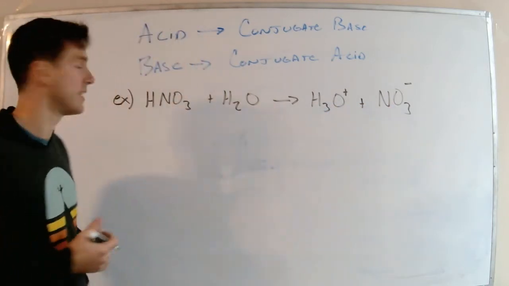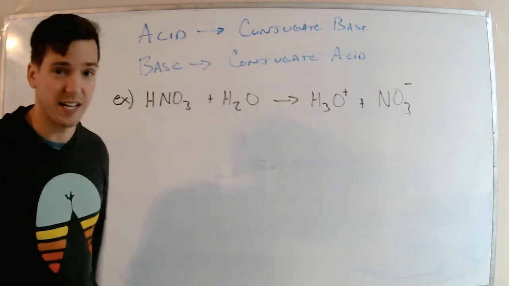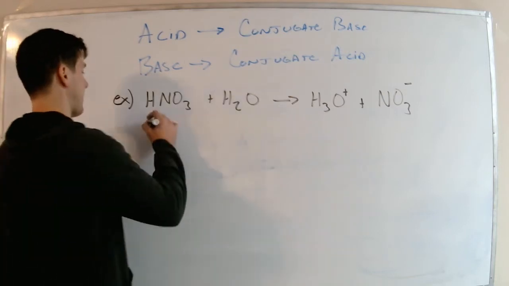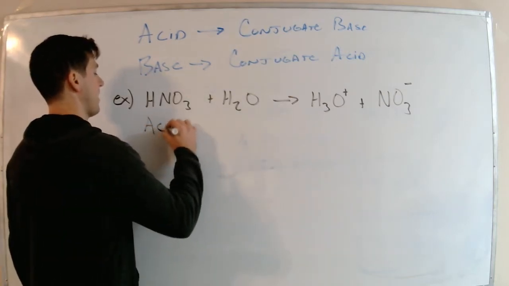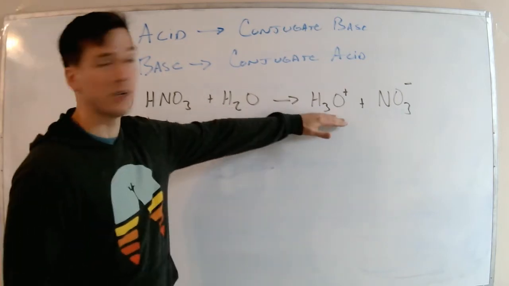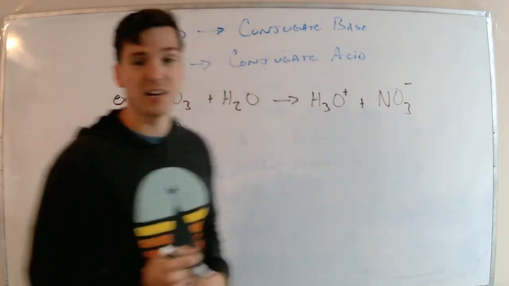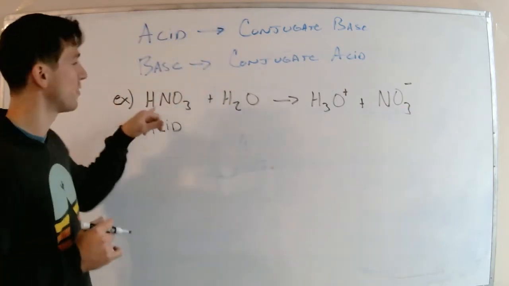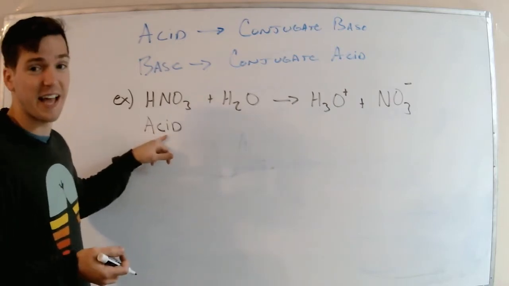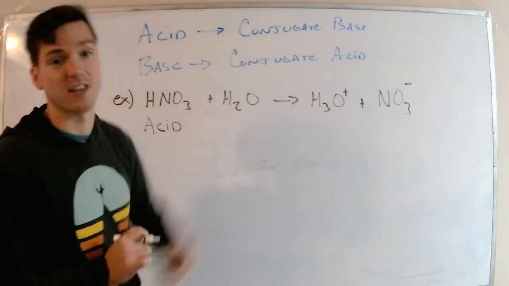What happened? It lost its hydrogen. It donated it. So that means this guy is the acid. Again, you look at the pairs. We got H2O and H3O+, those are the pairs. We got HNO3 and NO3-, those are the pairs. From HNO3 to NO3-, it got rid of its hydrogen. So it's the acid, which means that the NO3- must be the conjugate base.